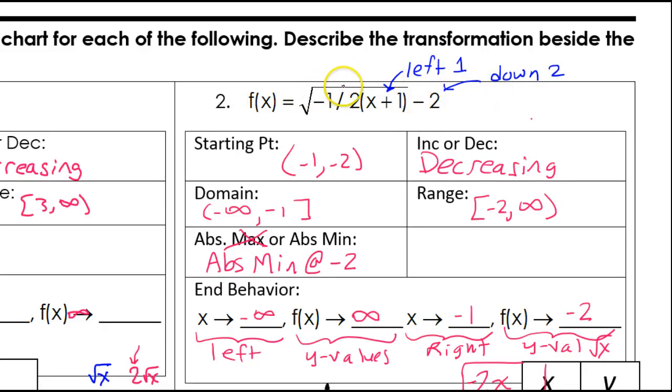Now, when you look at the -1/2, these are two separate transformations. The 1/2 is going to be a transformation, and the negative sign is going to be a different transformation. Now, if this 1/2 was in front of the radical, this would be a vertical compression by a factor of 1/2.